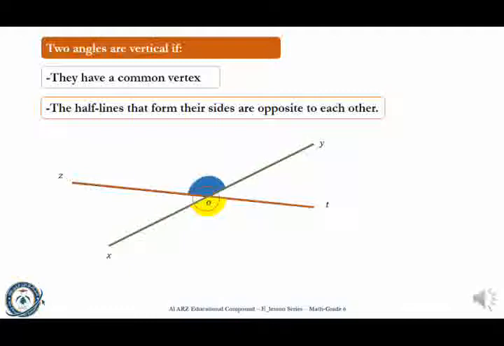Are the sides of the first opposite to the sides of the second? Let's see. If we extend OZ, we get OT. And if we extend OY, we get OX. So the sides are opposite to each other. Therefore, the angles are vertical angles.